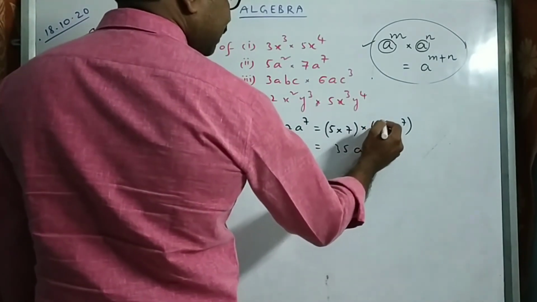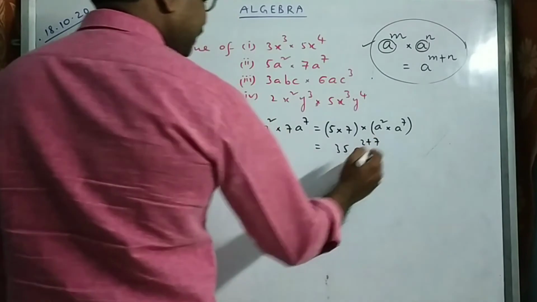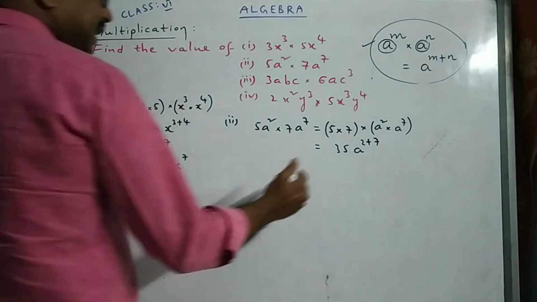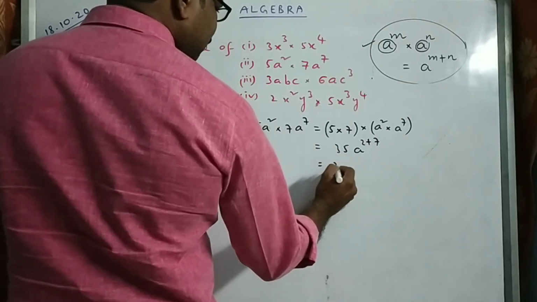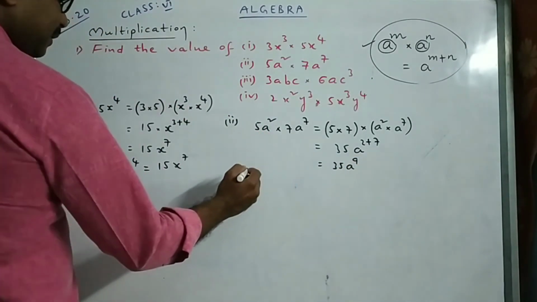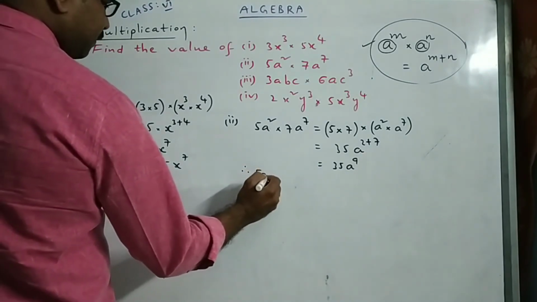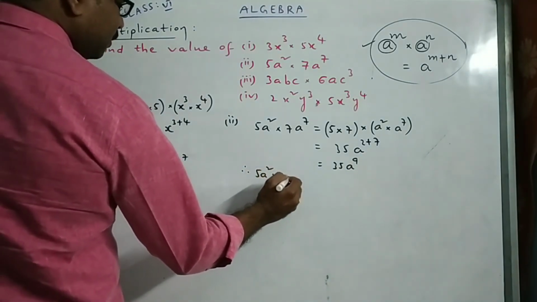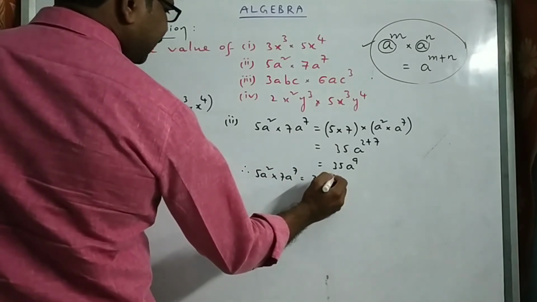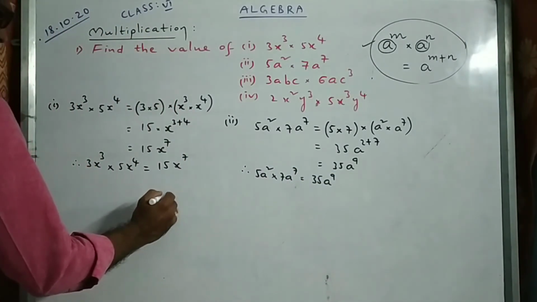A to the power 2 plus 7, can I write? Because a bases are equal, so powers can be added. 2 plus 7. So 35 a to the power 2 plus 7, how much? 9. So therefore 5a square into 7a to the power 7 equal to 35a to the power 9.